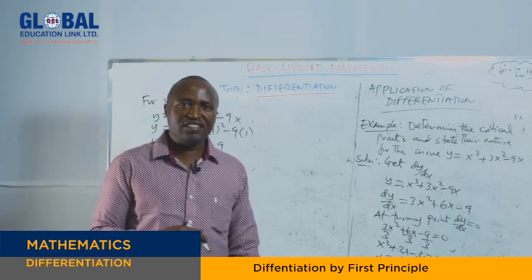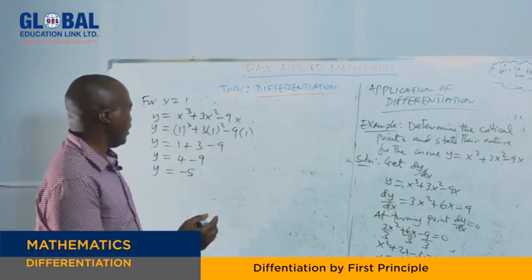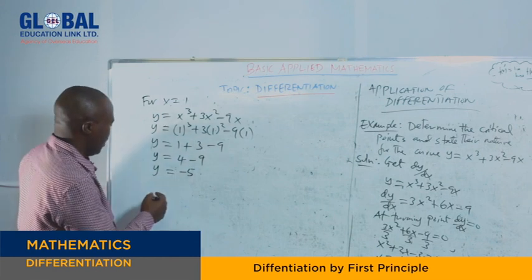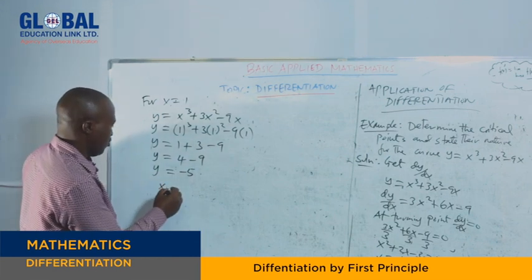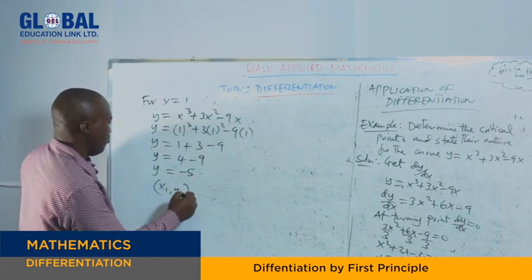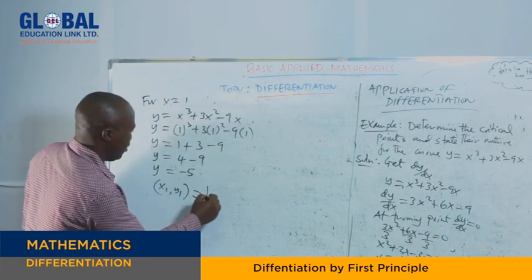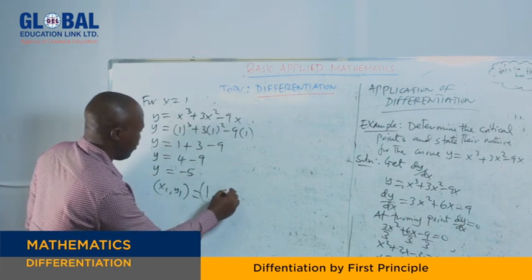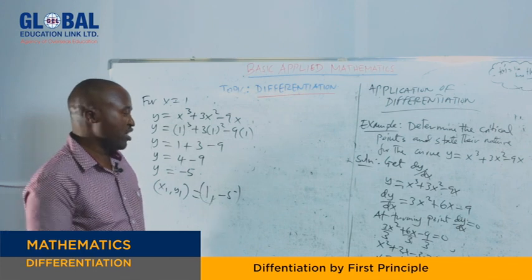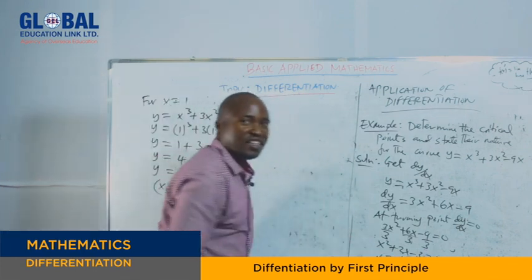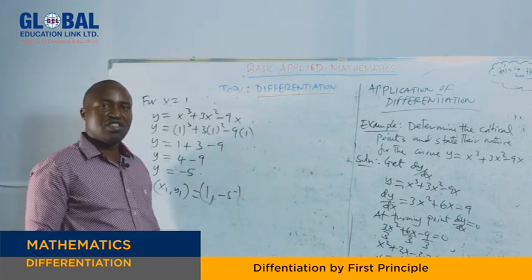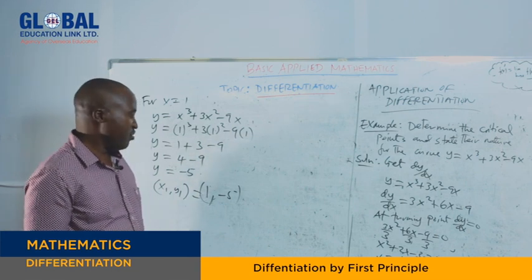Now my dear student, we have the first point, that is the critical point, x1 comma y1, which is equal to 1 comma negative 5. Then we have to substitute the second value of x, that is negative 3, in order to get the second point.